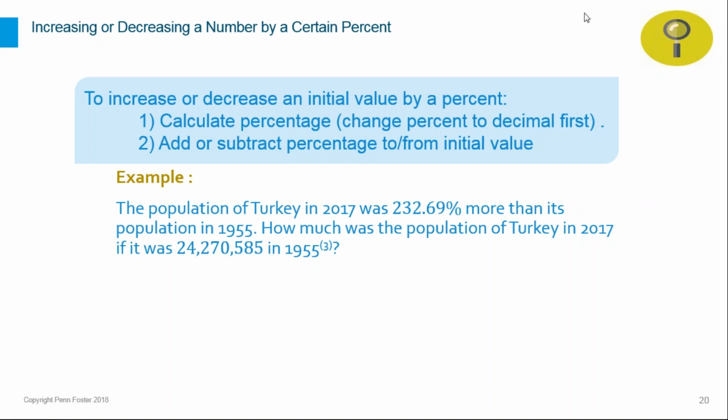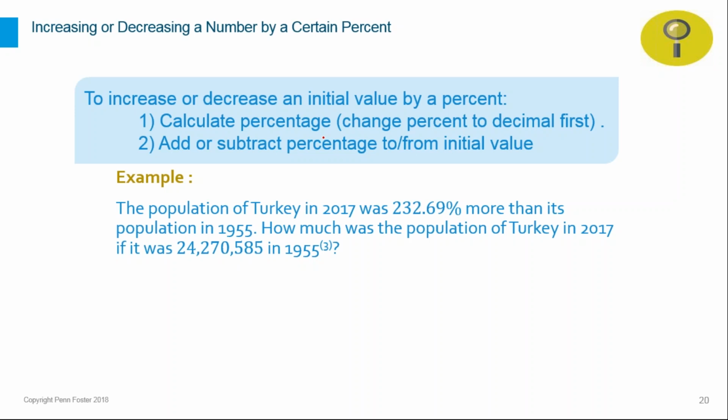To do that, you're going to do two steps. Calculate the percentage, P equals B times R, remember? And then add or subtract the percentage you found to the initial value to get to the end value. It makes sense, right? Let's do an example.